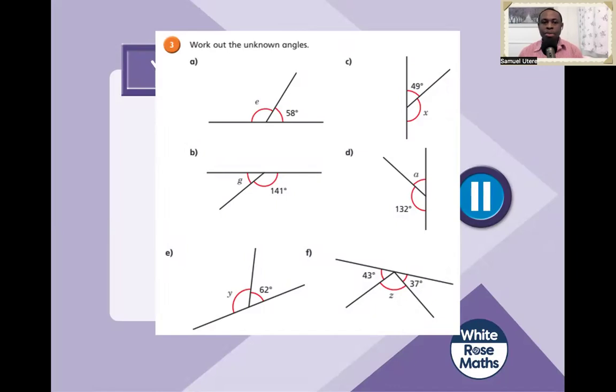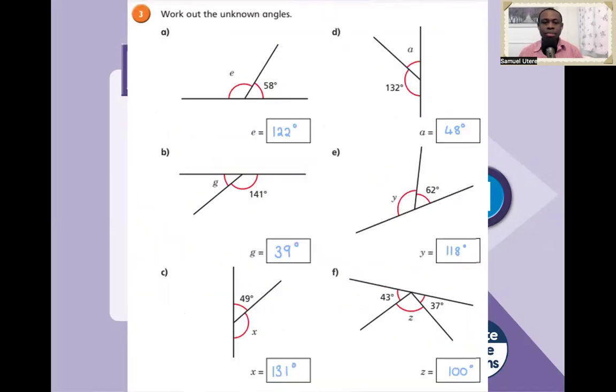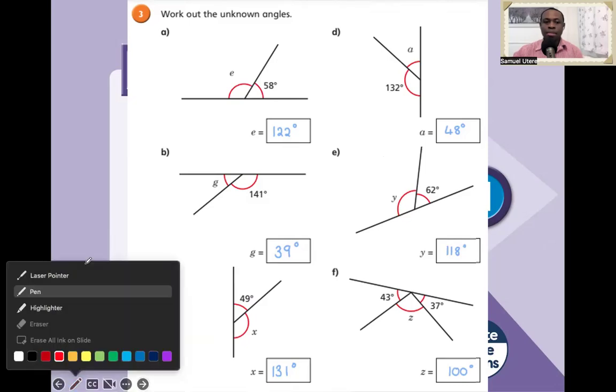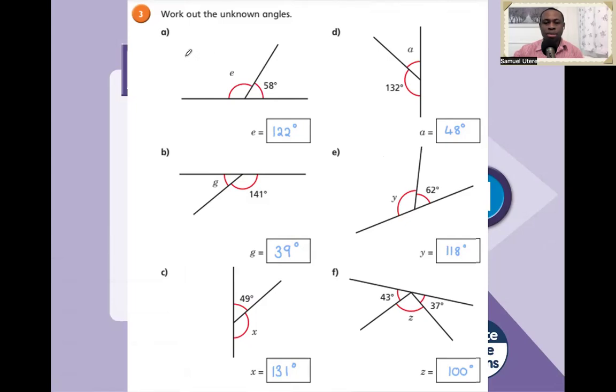Assuming you've paused the video and you've answered question 3, here are the answers. For question 3, you were asked, work out the unknown angles. Well, it's important that we discuss the answers because I want you to really make use of your equation solving skills. So we know e plus 58 degrees will be equal to 180 degrees.